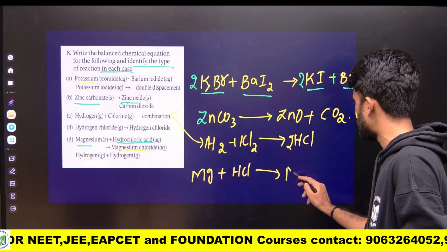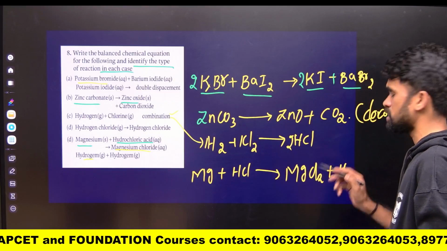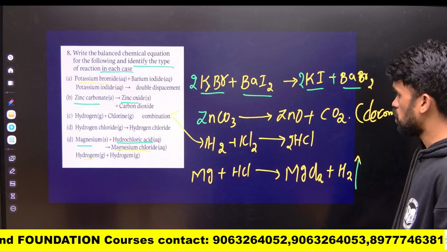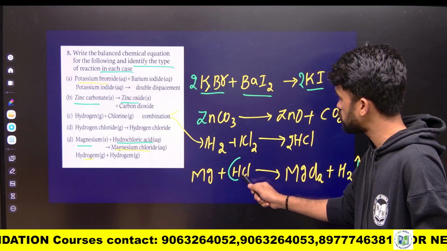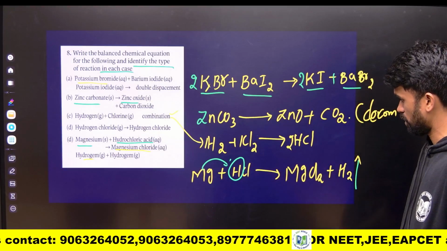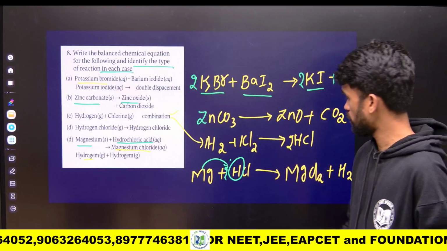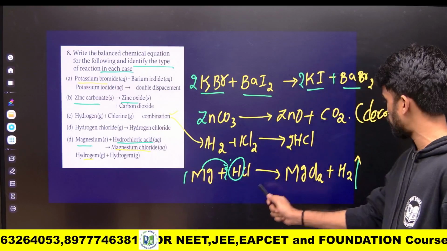Here it is forming magnesium chloride, and H2 gas is liberated. See, hydrogen is displaced by the magnesium, therefore we are getting this. Okay, so for this reaction we need 2 moles of HCl. So we should take a 1:2 ratio, therefore everything is balanced.